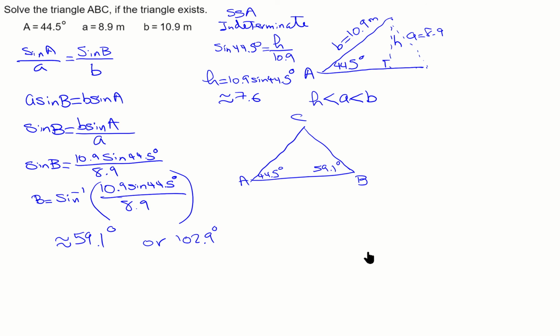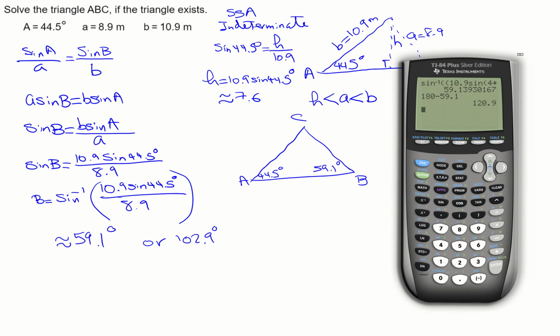Now C we can find very quickly by just doing 180 minus 44.5 minus 59.1, and we get 76.4 degrees.